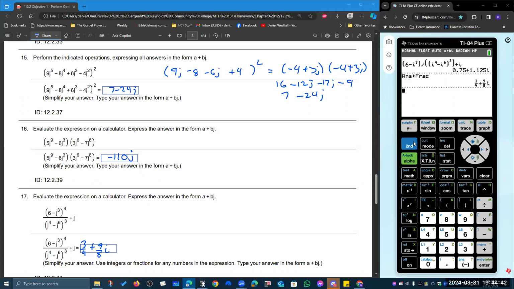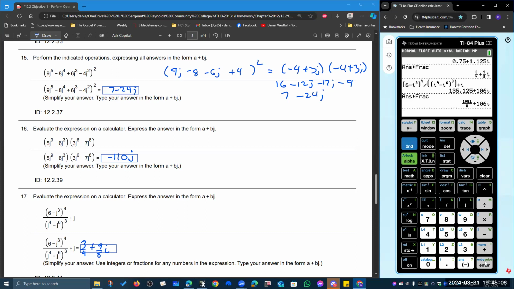Sorry, I forgot to raise the numerator to the 4th power. Right here, second insert, raised to the 4th power. That looks better. That's what I was expecting.